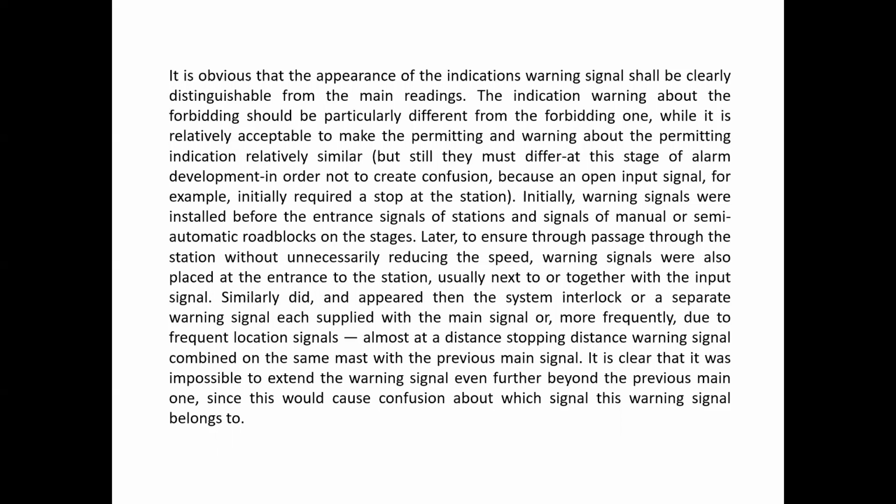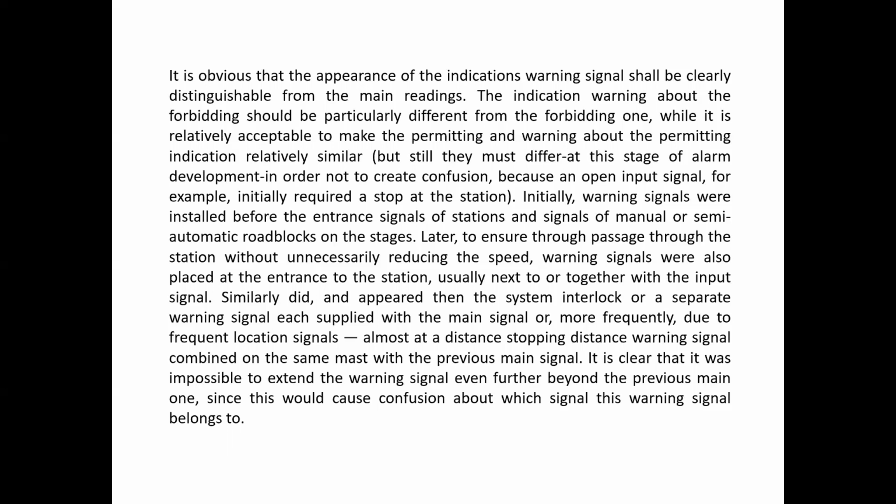Initially, warning signals were installed before the entrance signals of stations and signals of manual or semi-automatic roadblocks on the stages. Later, to ensure through passage through the station without unnecessarily reducing the speed, warning signals were also placed at the entrance to the station, usually next to or together with the input signal.